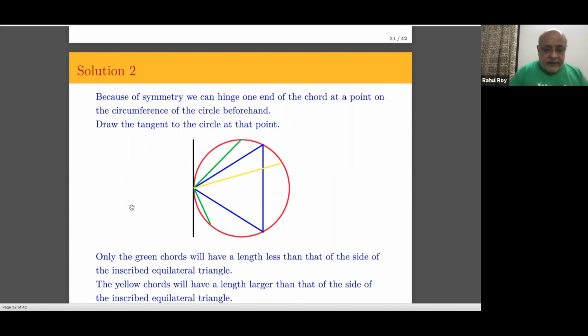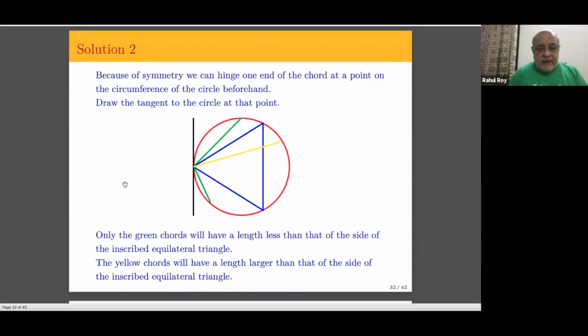Here you can see, again, just like before, only the green chords will have length less than that of the side of the inscribed equilateral triangle, whereas the yellow chord will have a length larger than that of the inscribed equilateral triangle. So what do we see from here?